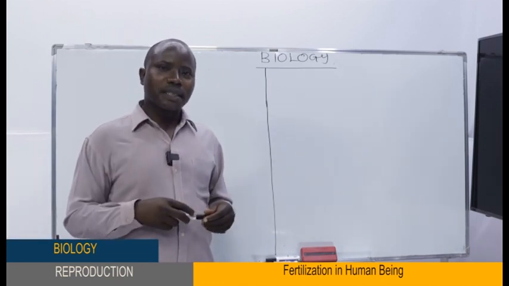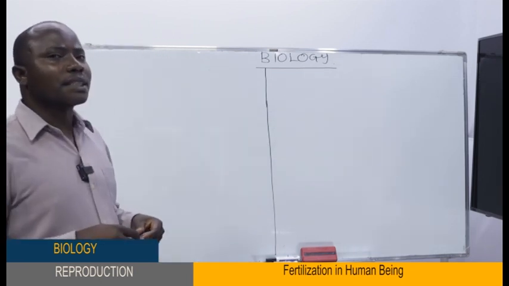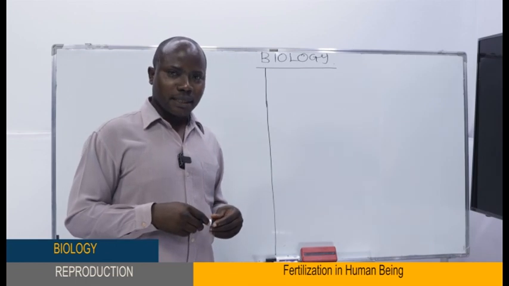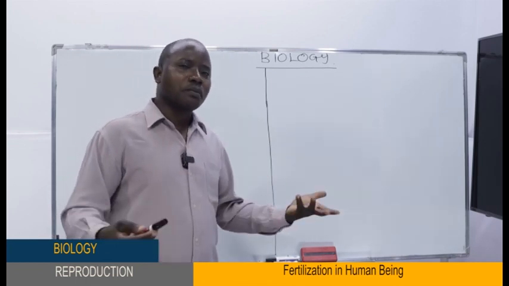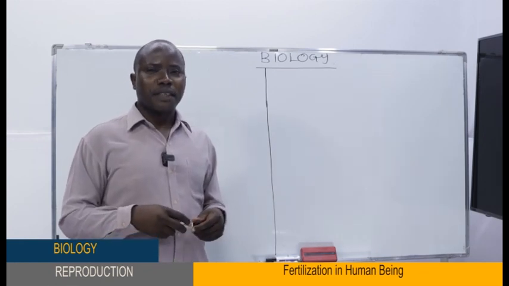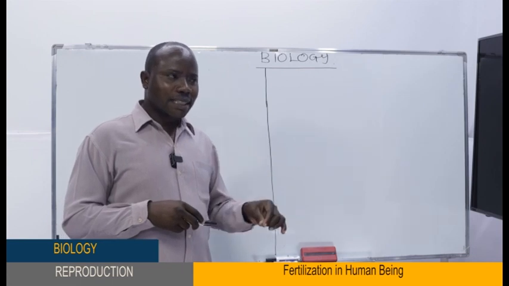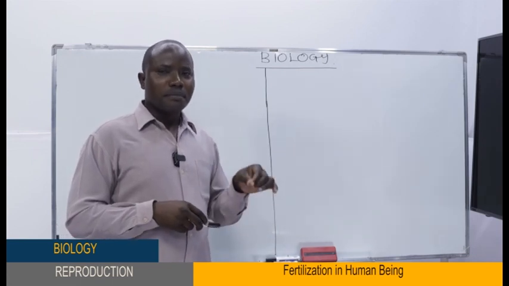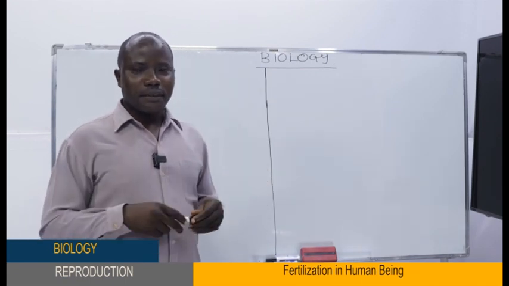To respond to a question like that, you have to consider different parts of the sperm cell and how they contribute in the process of fertilization. Therefore, if the question asks about adaptation, you have to relate the structure and the function.